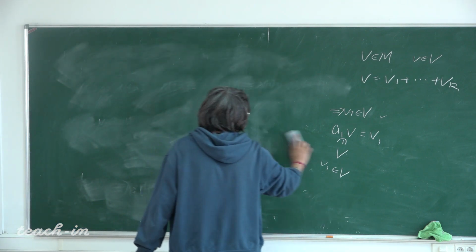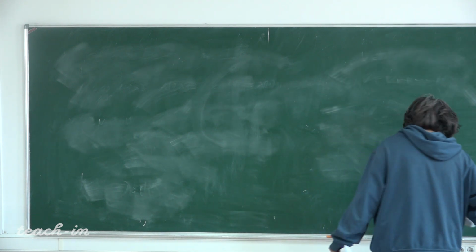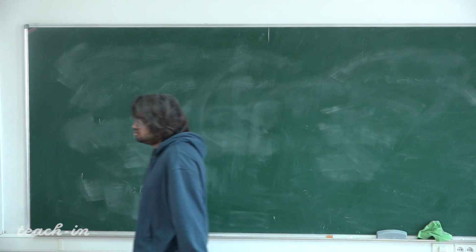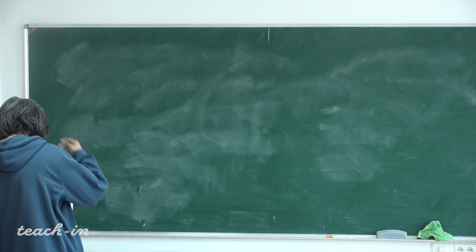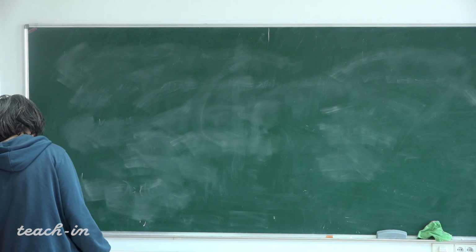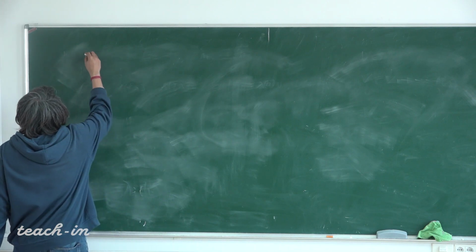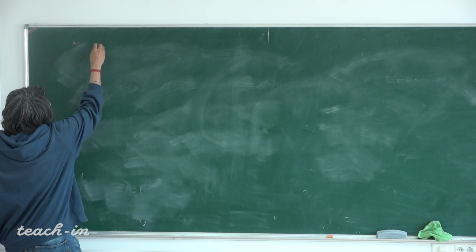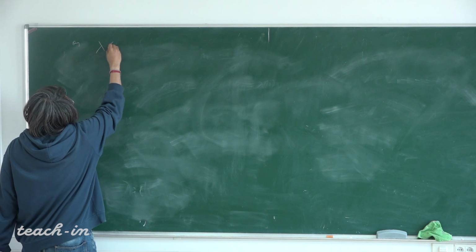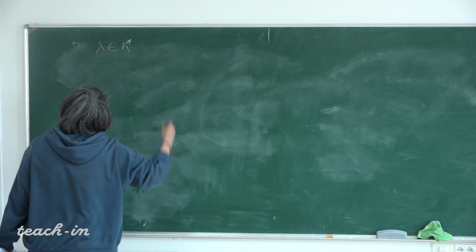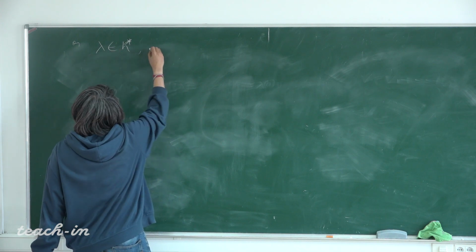What is the upper bound in this setting? It might be true, but this is already easy enough. The question is, for any lambda, there exists an irreducible representation of lambda.